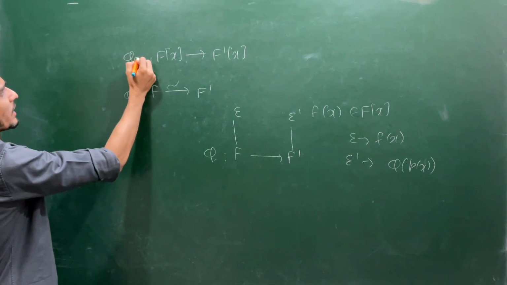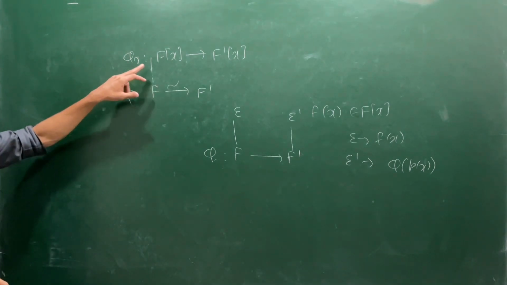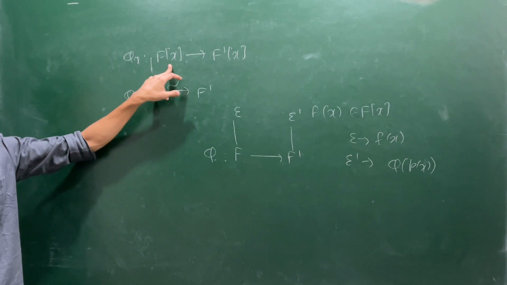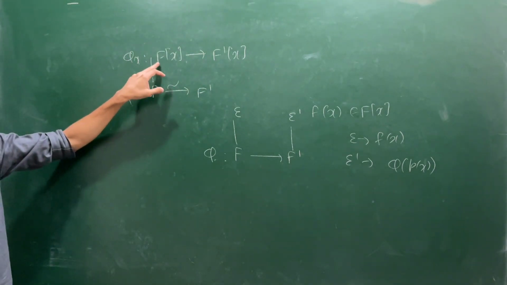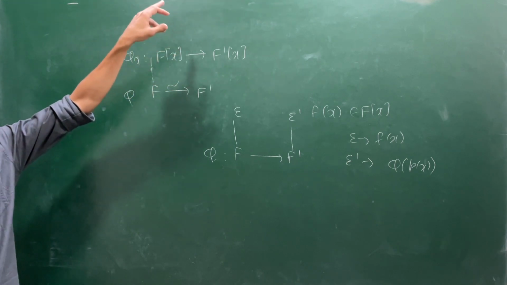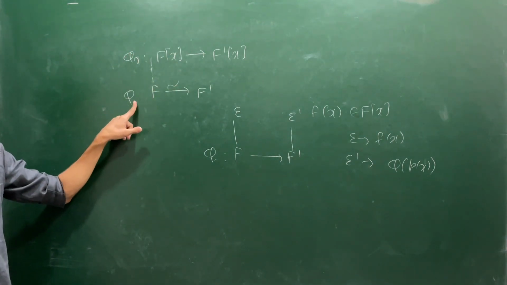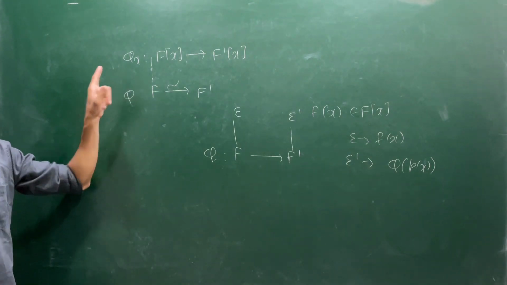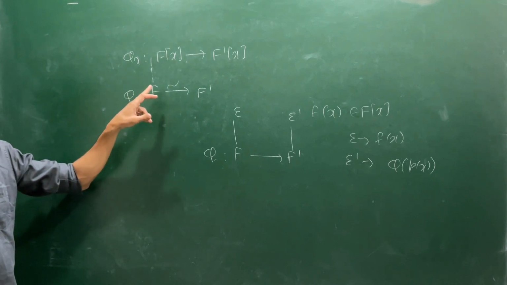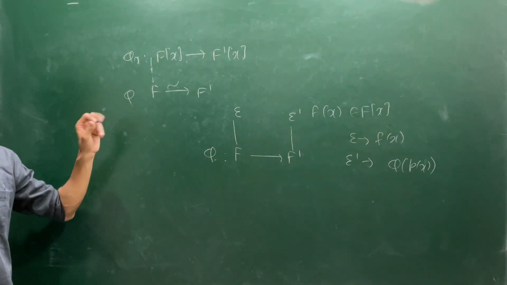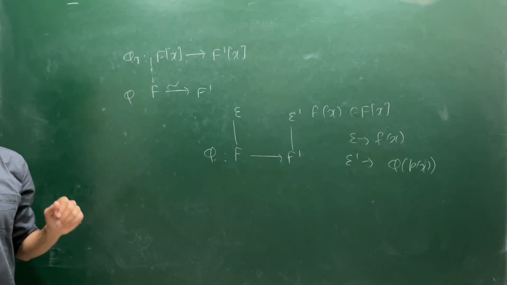Let me call this map phi_x, because I am operating on this x. This map you can get as follows: suppose you want to find the image of an element, say a0 plus a1 x up to an x^n, then phi_x operated on it will be the same as phi(a0) plus phi(a1) x plus phi(a2) x squared up to phi(an) x to the power n.